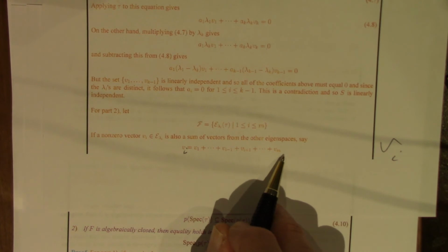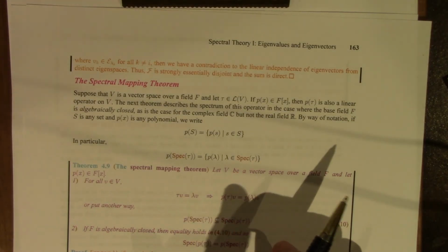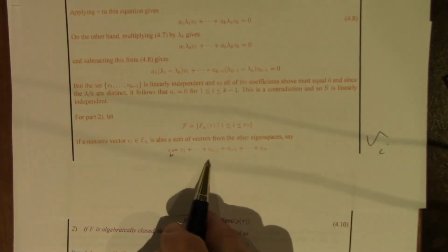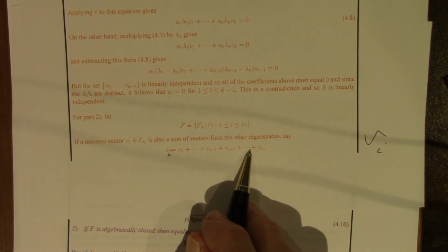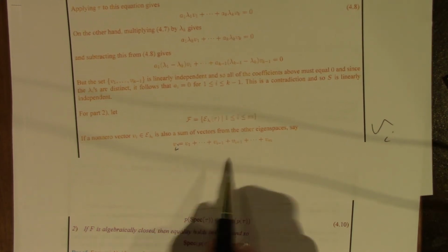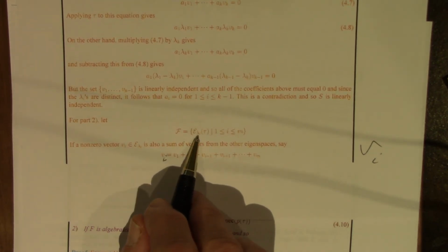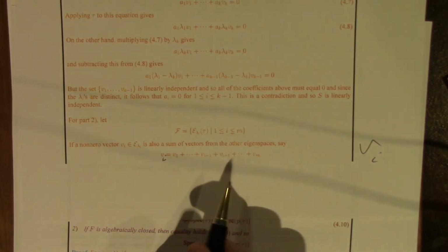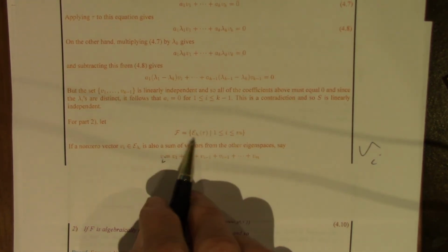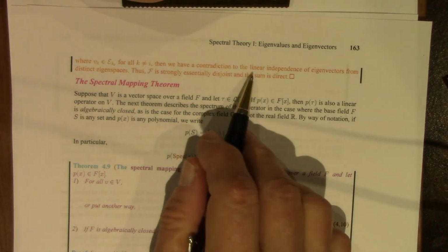If this did happen, then we have a contradiction to the linear independence of these vectors. So it can't happen. So no vector in one of these subspaces is a sum of vectors in the other subspaces, and therefore this family is strongly essentially disjoint, and so the sum is direct.